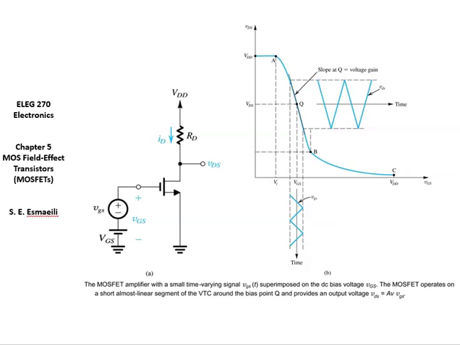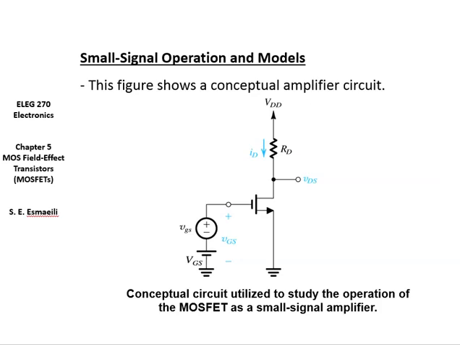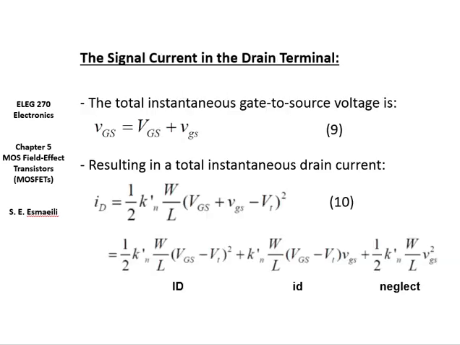But in MOSFET, you can work as an amplifier only when you are in the saturation mode. Here different regions are explained, and you can see why only in the saturation mode the MOSFET can operate as an amplifier. And here also the gain of MOSFET is explained, but one thing is important here.